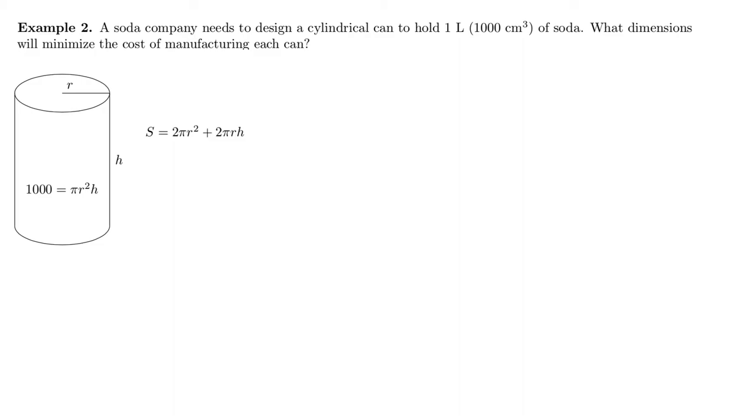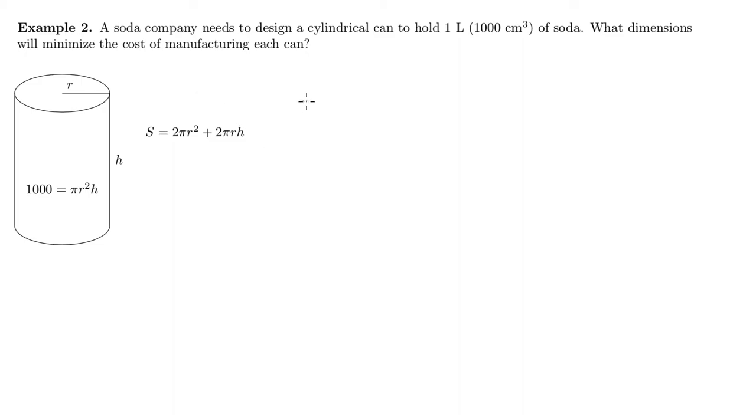If we minimize the surface area per can, over a long period of time, we'll reduce the amount of aluminum, or whatever sheet metal we're using to build these cans. So we want to minimize the amount of materials we use. We want to minimize the surface area per can.